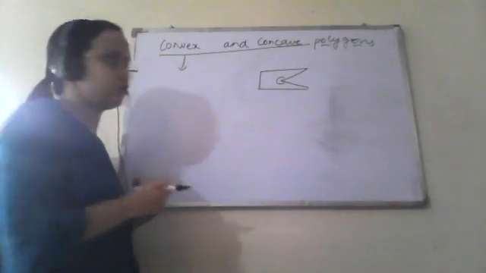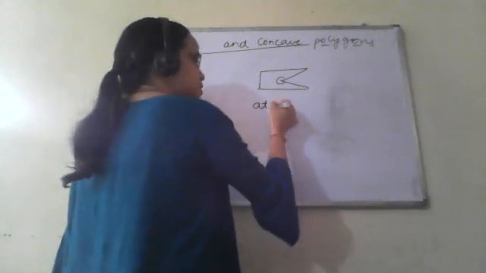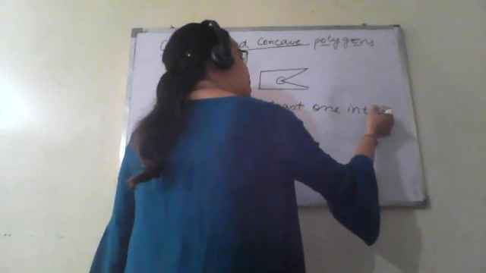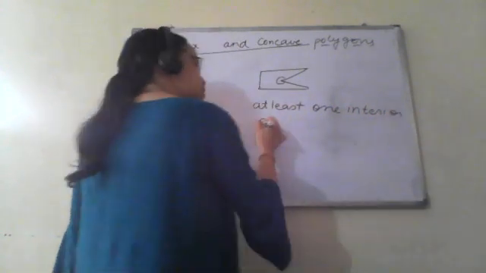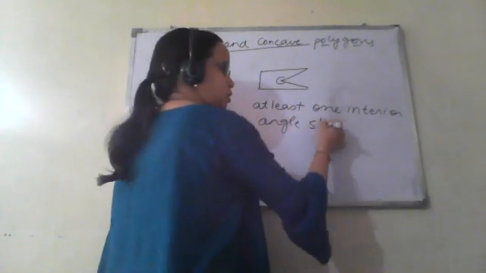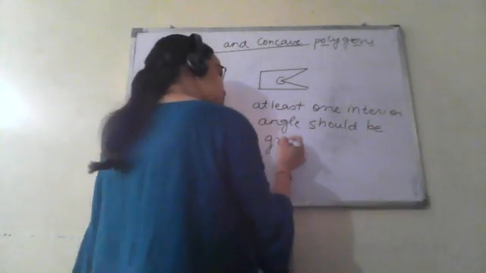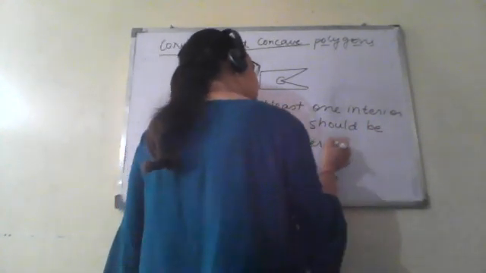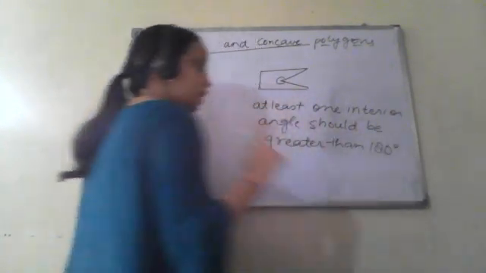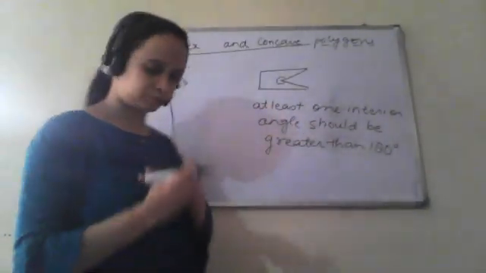If you go by the definition, in such polygons at least one interior angle should be greater than 180 degrees, okay.